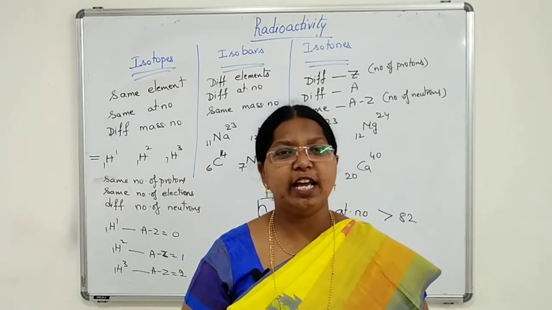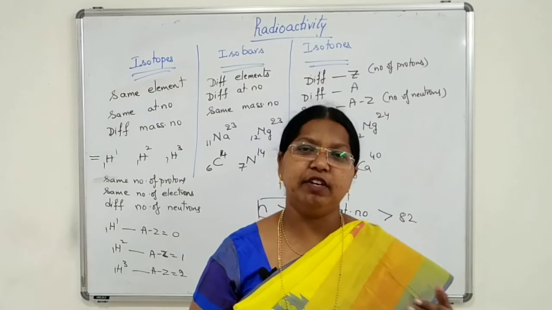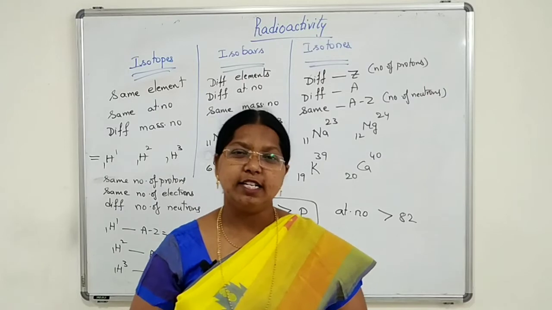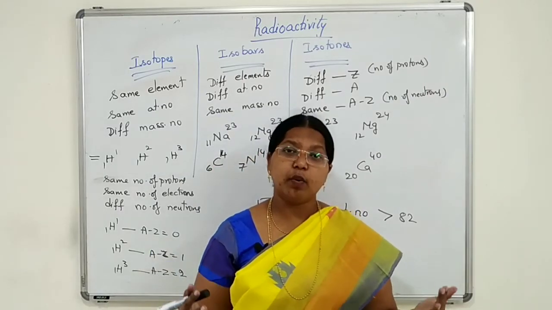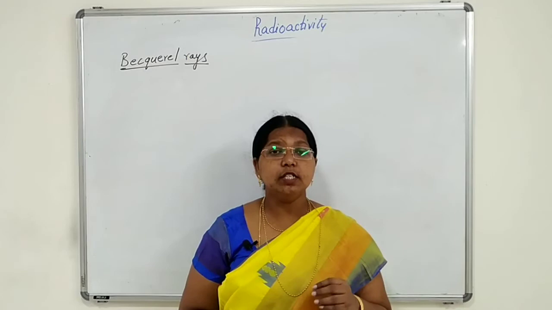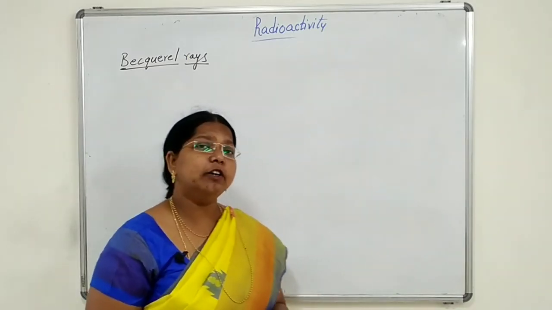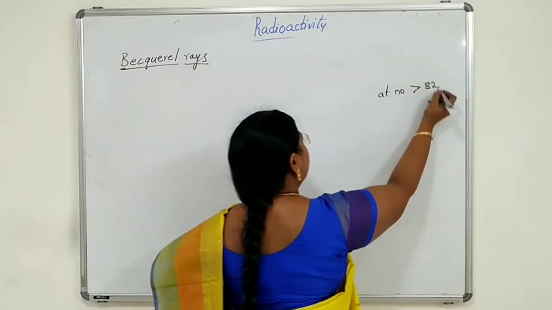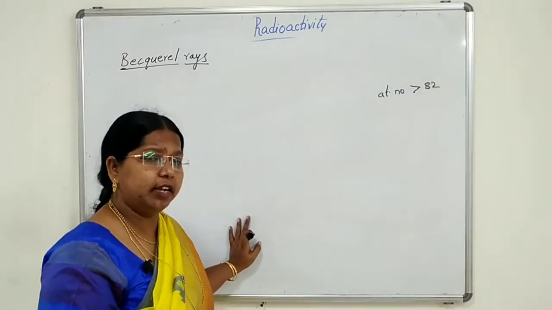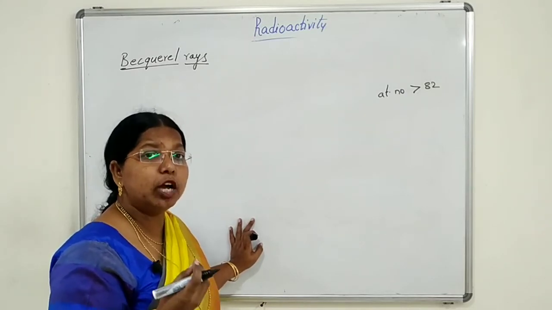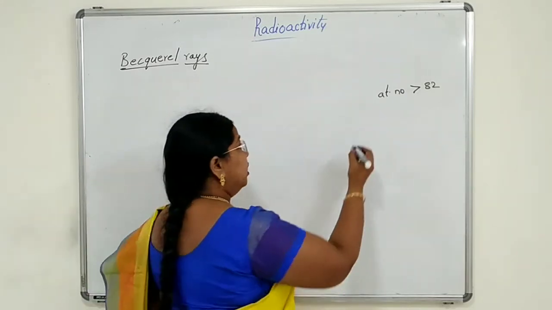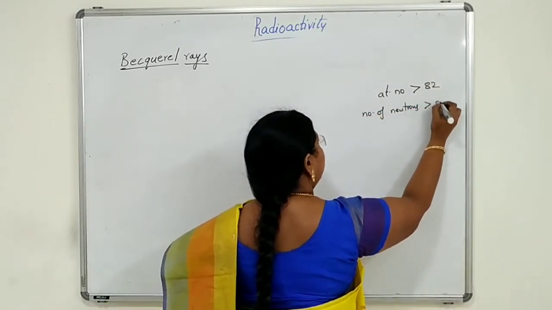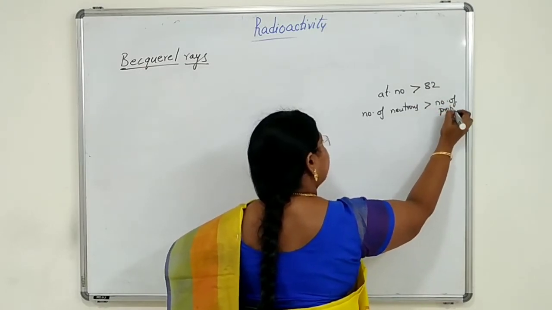Initially these rays were called Becquerel rays, but later they were given their own names, and the properties of these radiations were also discussed. So now let us see what Becquerel rays are. The substances which have atomic number greater than 82 in the periodic table, almost after lead, will have many more neutrons than protons.